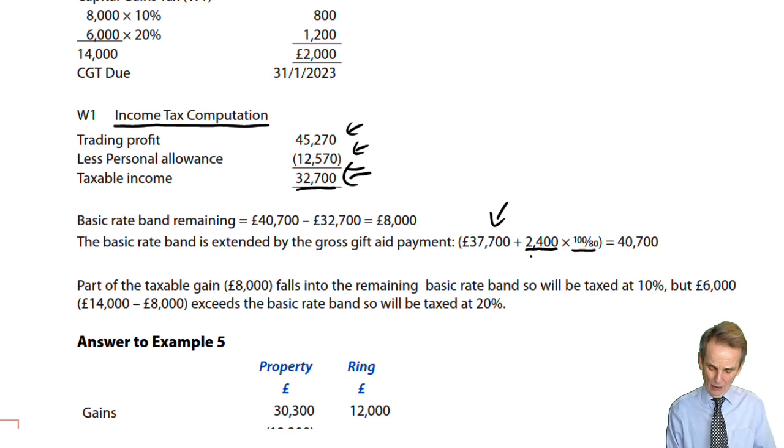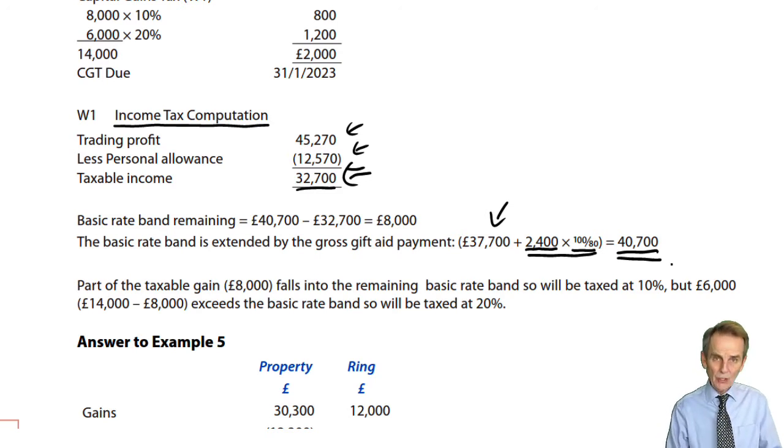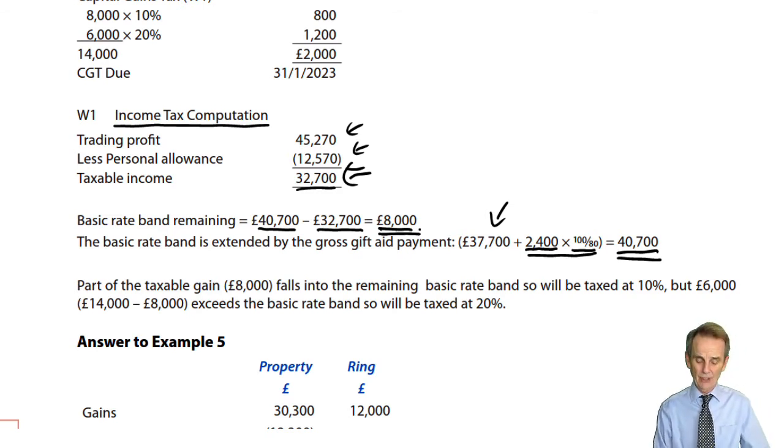Well, that grossed up gift aid payment equals 3,000, added on to 37,700, and we get £40,700. Using your revised and extended basic rate band limit of 40,700, take away the figure of taxable income off the income tax computation, and that leaves, therefore, instead of 5,000, now some £8,000 of basic rate band remaining.